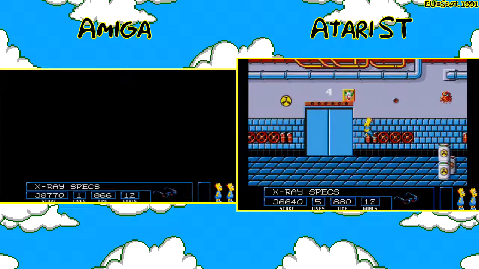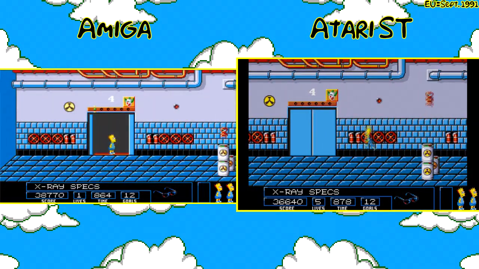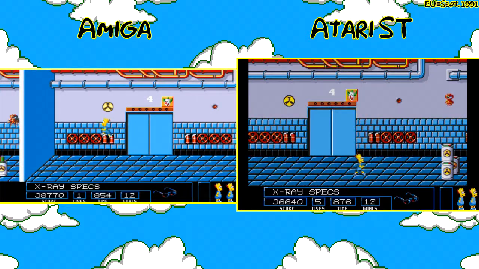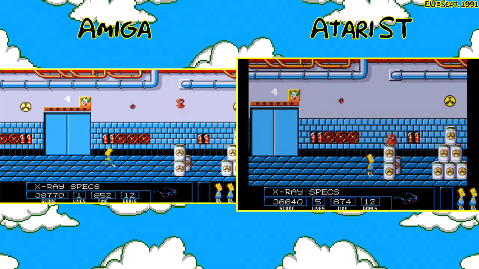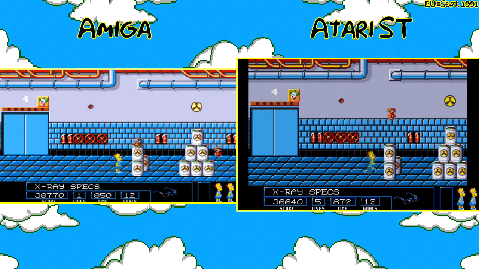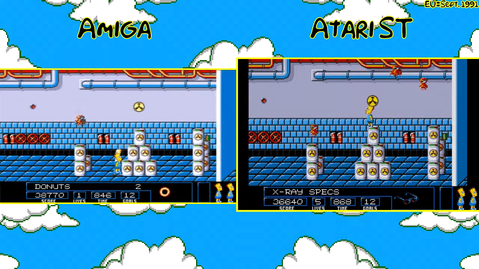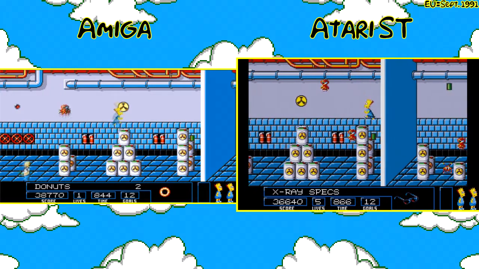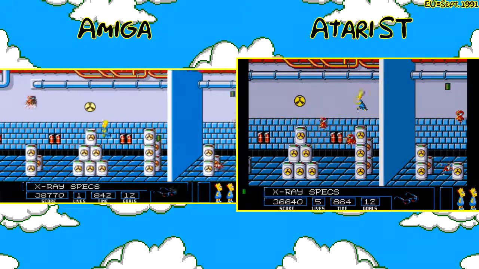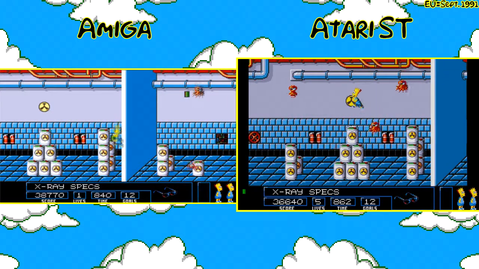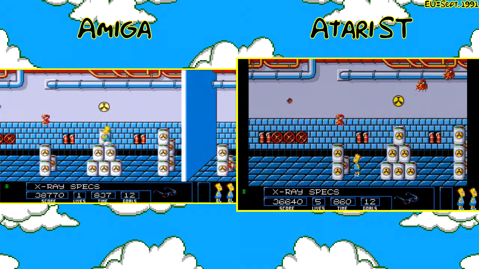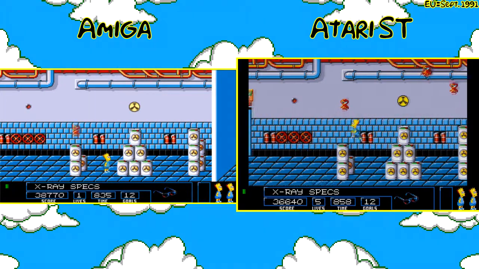Not really sure why they changed some things and why other things were just different in general, but for whatever reason, they didn't even bother putting a platform to be able to pick up the 1-up in Elevator 4. I also don't know how or why they managed to get the wrong warp out of the Atari versus the Amiga.